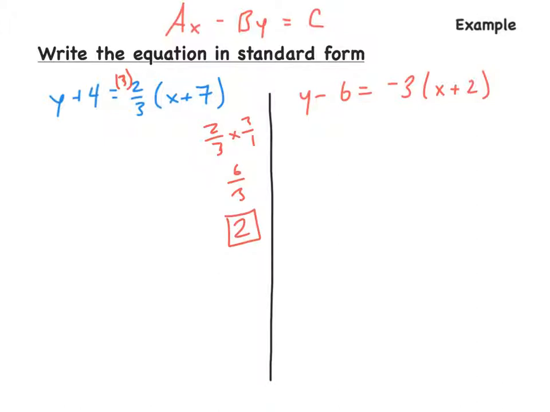So in this case, I could rewrite this equation as 2, open parentheses, x plus 7.